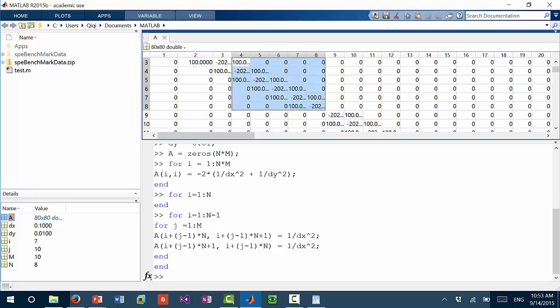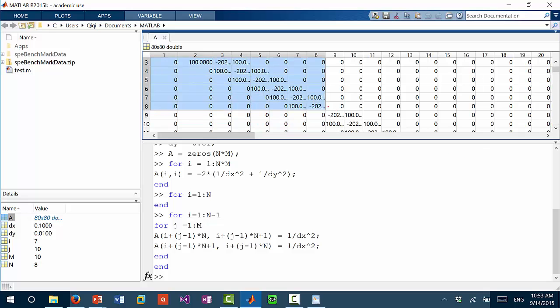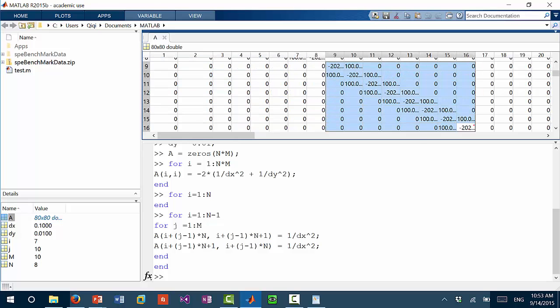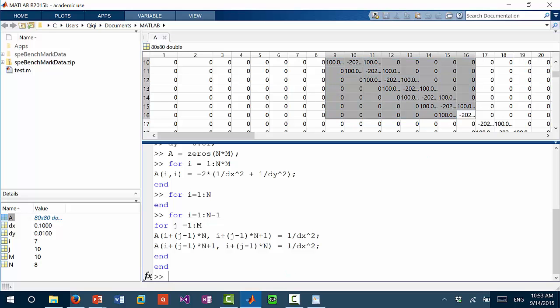So this is the first block, and the lower and upper diagonals are discontinuous at this point. There is a gap here, and then the second block starts from over here up to 16, and there is another gap over here, right? Questions on that?